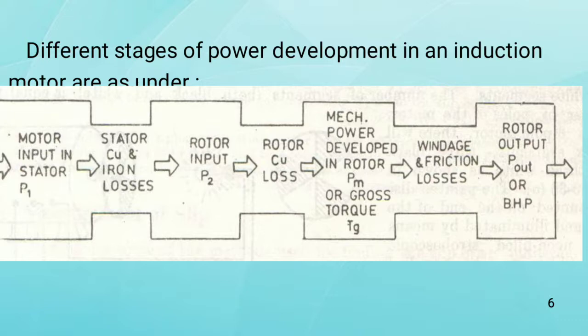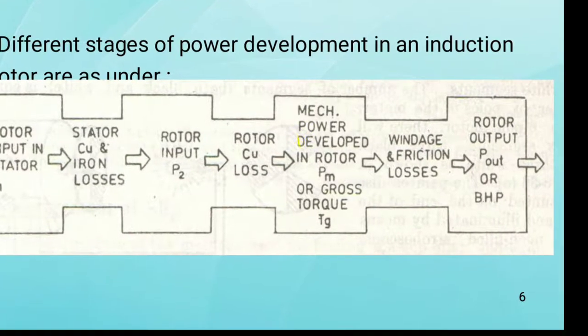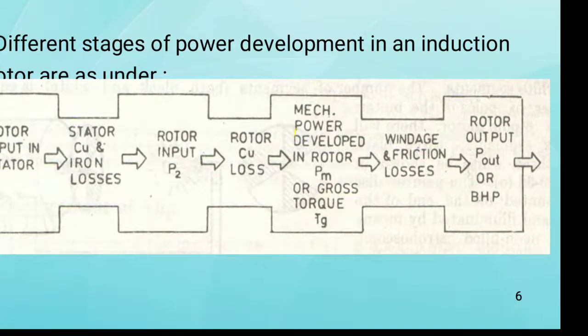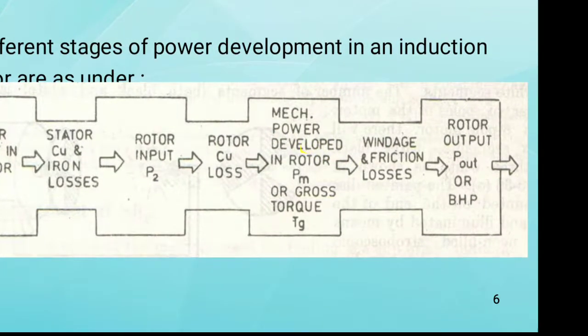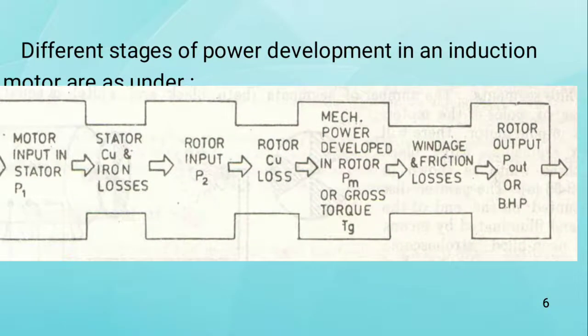So mechanical power developed in rotor Pm, or gross torque. Next are windage and friction losses, after which the output is the rotor output, that is in BHP.